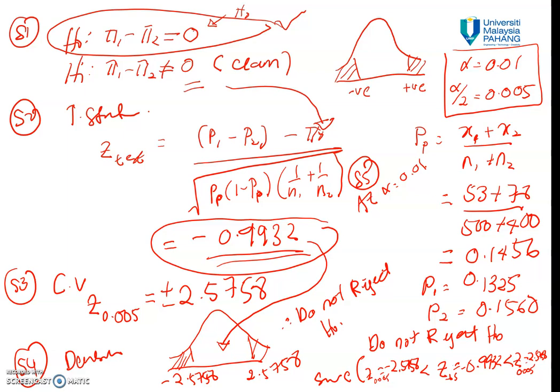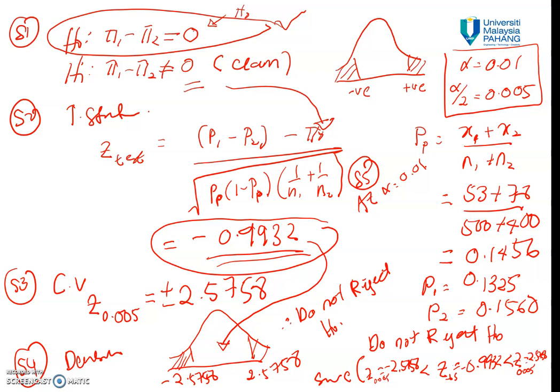Or we can say that at alpha 0.01, the consumer association hypothesis cannot be accepted, because we do not reject H null. What is the consumer association claim? There is a difference, but when we do the analysis, there's no difference. So we cannot accept the consumer association hypothesis.